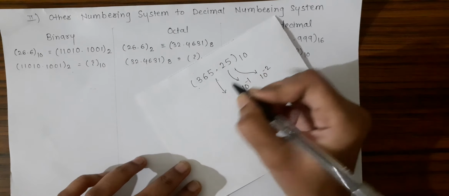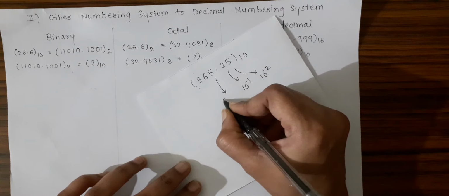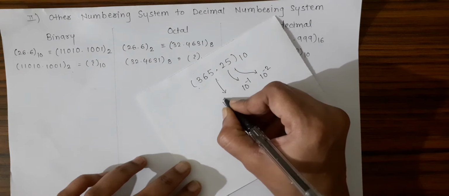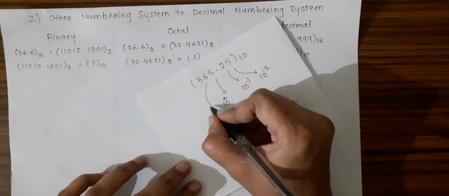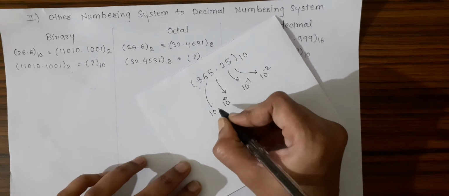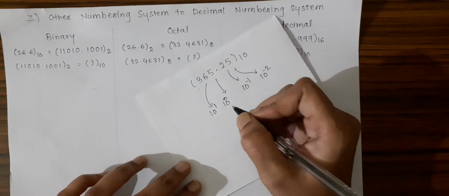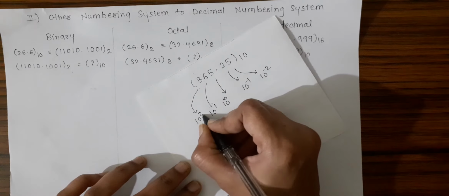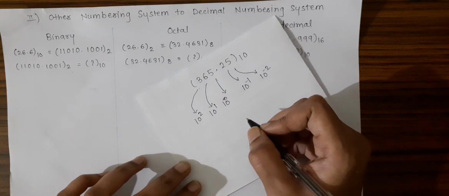Then 5 is located at the position with weightage 10 raised to 0. 6 is located at the position with weightage 10 raised to 1.